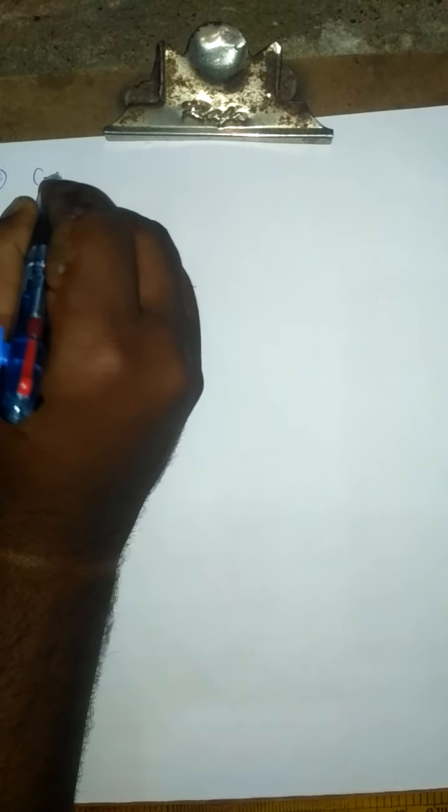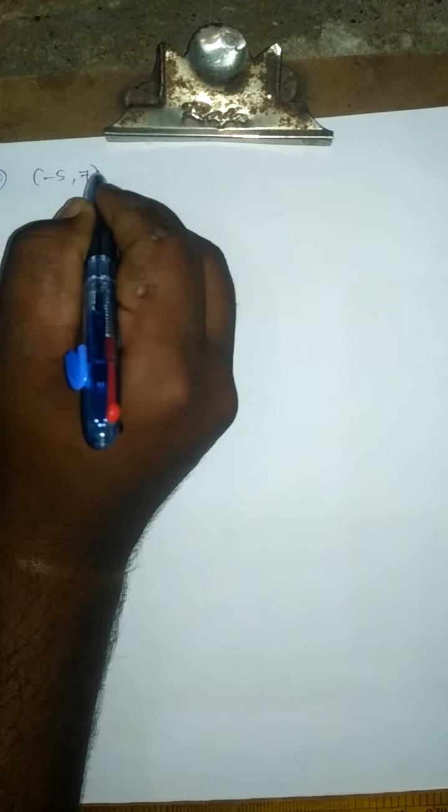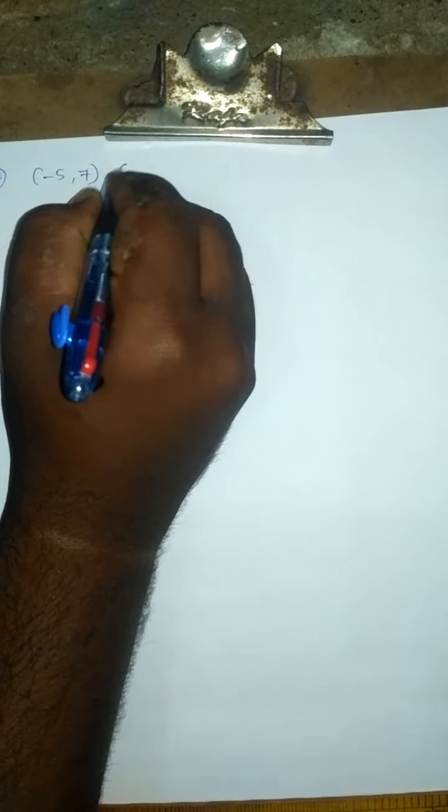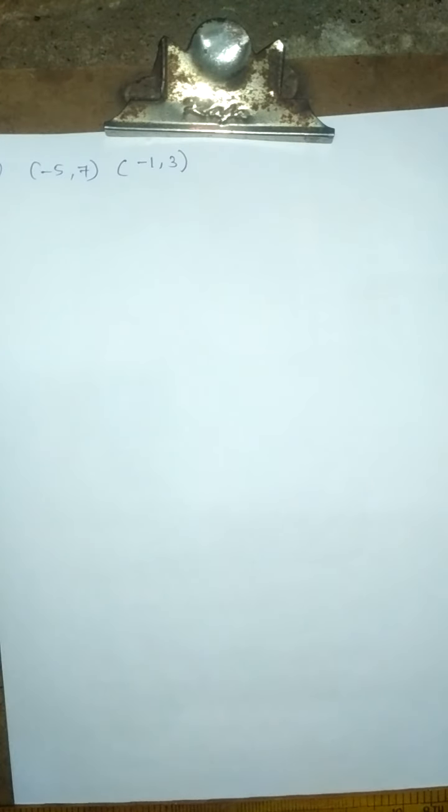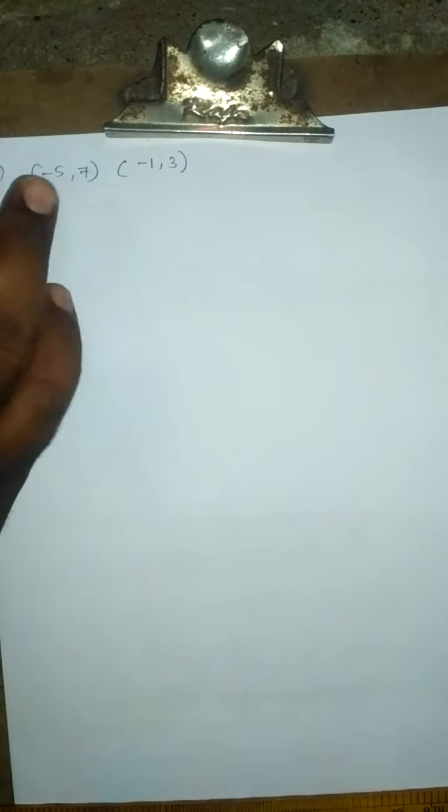Now we have to go for the second problem. Coordinates are minus 5, 7 and minus 1, 3. Here also this is one coordinate, this is another coordinate. We have to find out the distance between the coordinates. So here, solution.